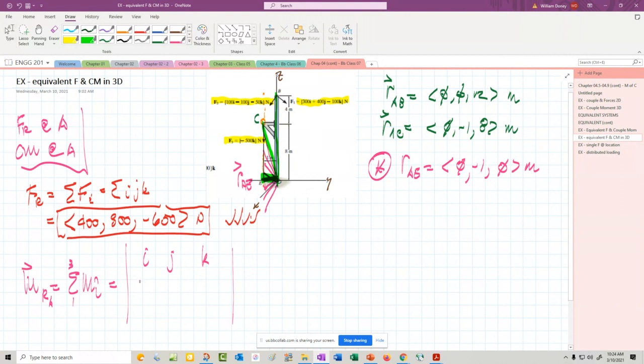Force 1 is 300, 400, minus 100. We're going to use A to B there, so that's going to be 0, 0, 12. Okay, let's find the moment due to this force about point A.